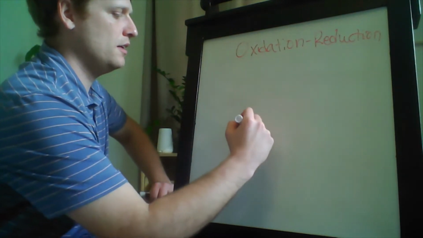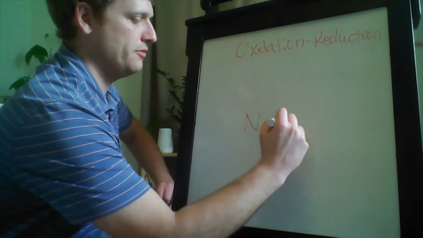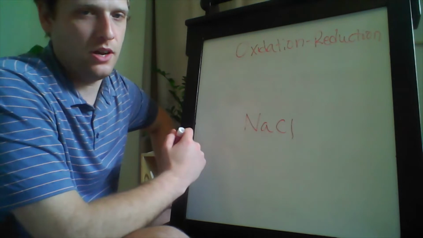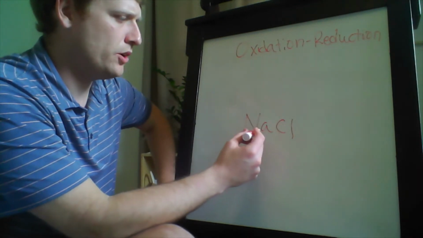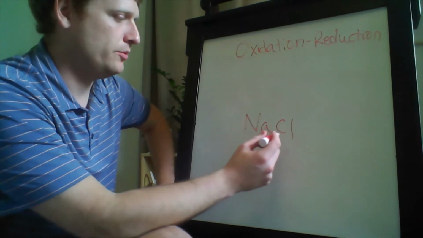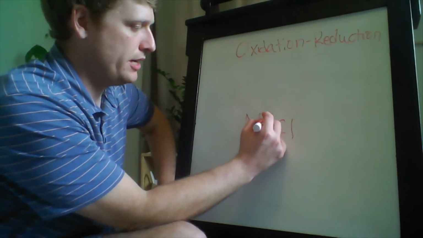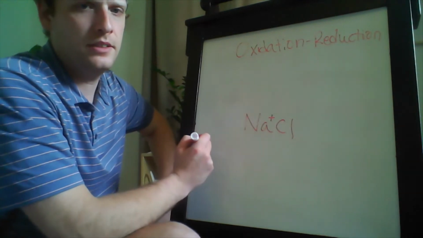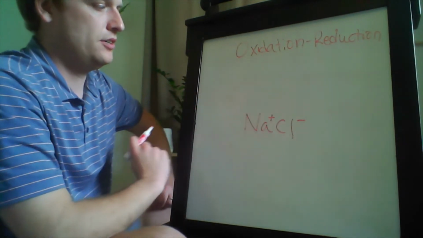So a molecule that I'll use to illustrate this type of reaction is sodium chloride. This is table salt. So sodium chloride, this sodium is held together with this chloride by an ionic bond. So what's going on here is you have a positively charged sodium that is interacting with a negatively charged chloride ion.